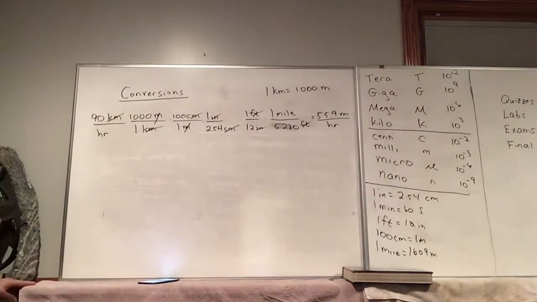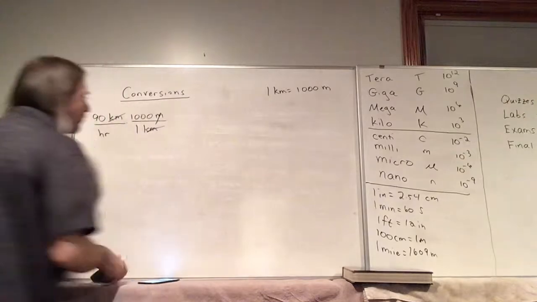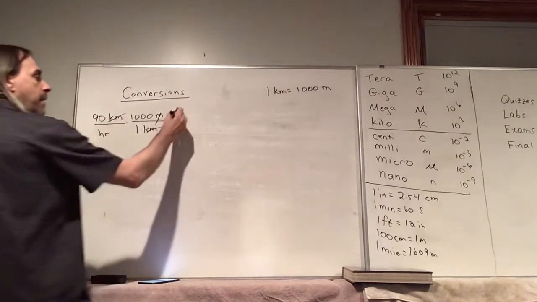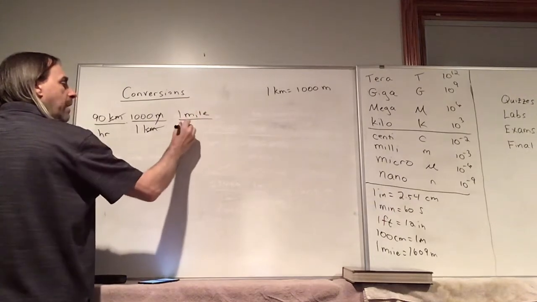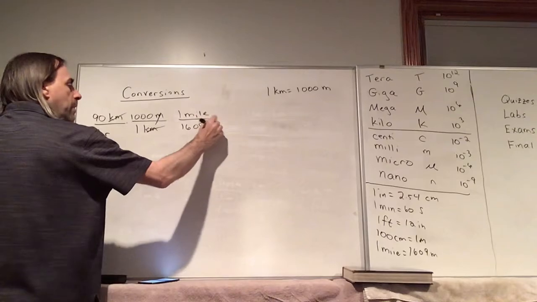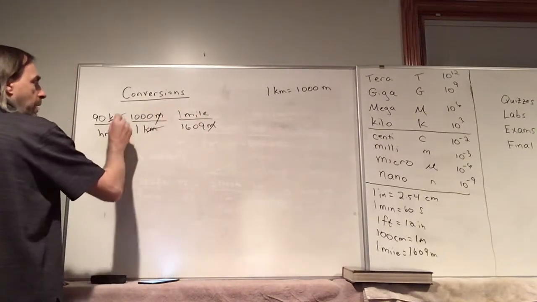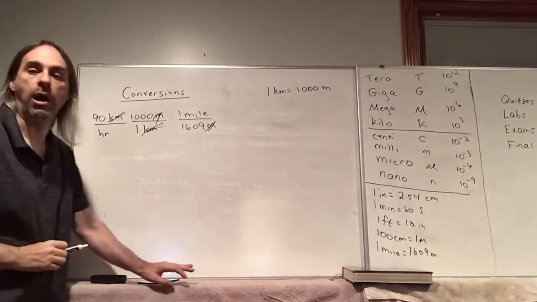And if we do that just once, now we can come back to this problem and make our lives much easier. We have kilometers per hour. We can erase all of this. And then we did 1,000 meters per kilometer, and then say 1 mile is 1,609 meters. So, kilometers cancel, meters cancel, and now we have miles per hour.